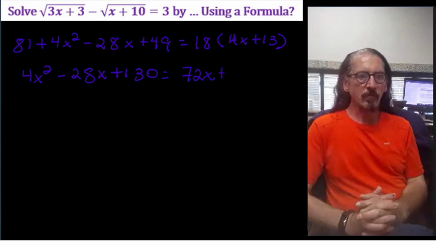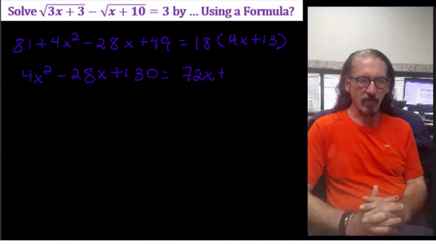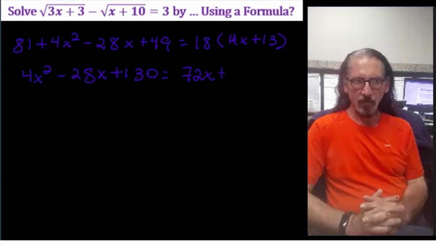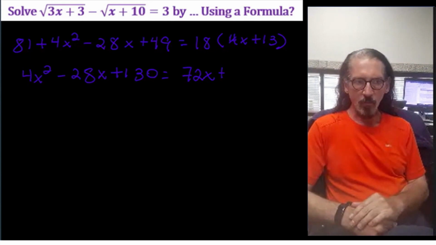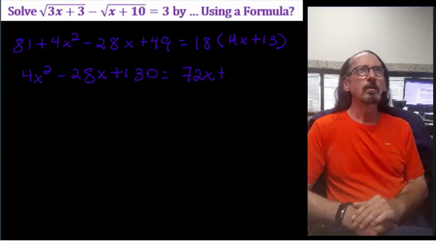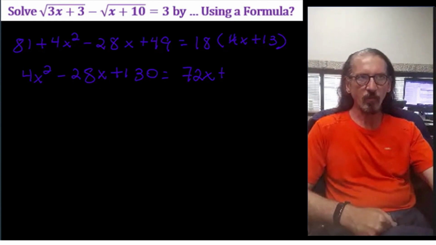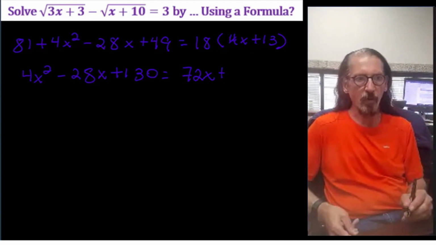As for 18 times 13, 18 is really close to 20. 20 times 13 would be 260. We're multiplying 13 by something 2 higher than what we wanted to multiply it by. 2 times 13 is 26. So 260 minus 26 would give us 234.